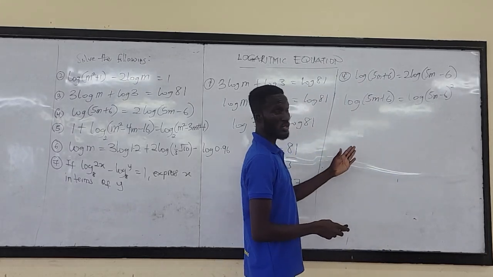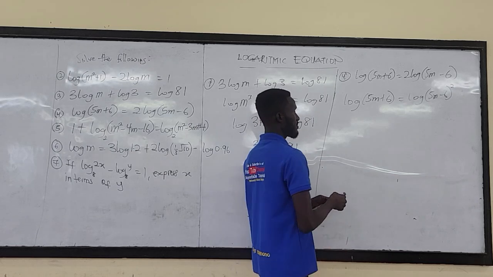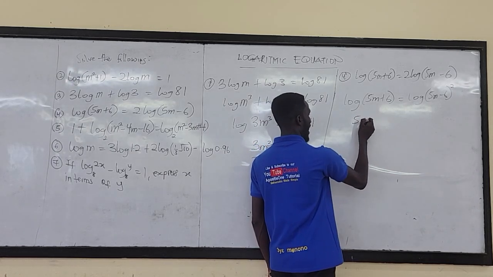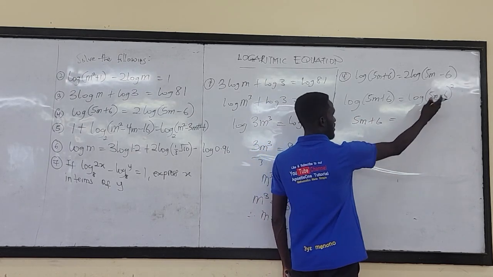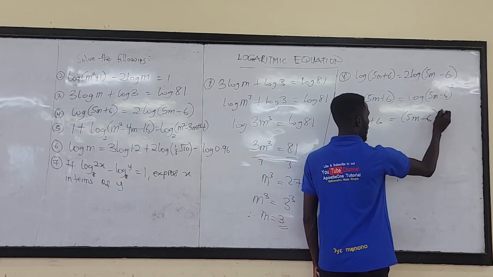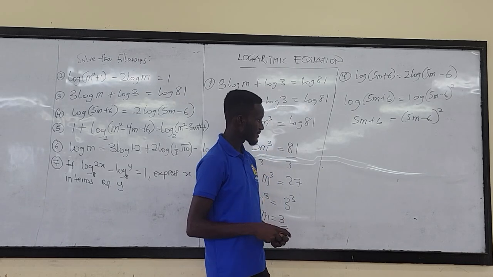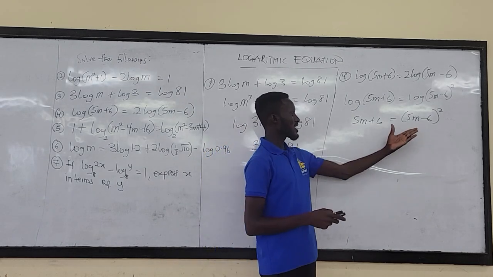Now at this point, what we're going to do is remove the logs because they have the same base. So it means that we have 5m plus 6 equal to 5m minus 6 all squared.